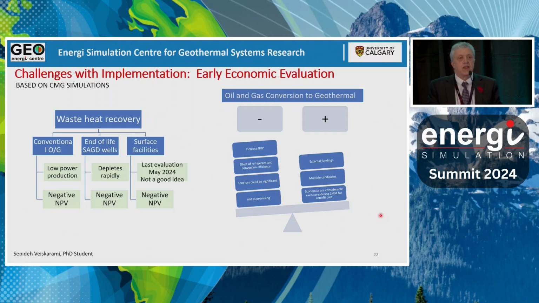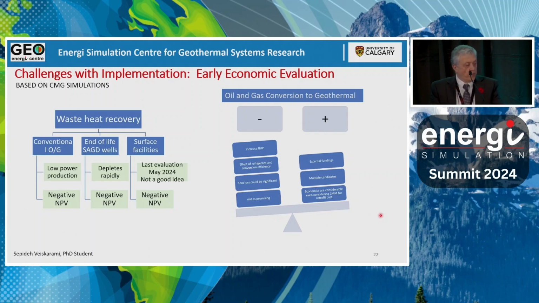But one of the things that we proposed was going into thermal plants, SAGD plants, and so on and so forth, and finding out ways to take that heat, whether it's underground or at surface, and harness that heat and use that heat.